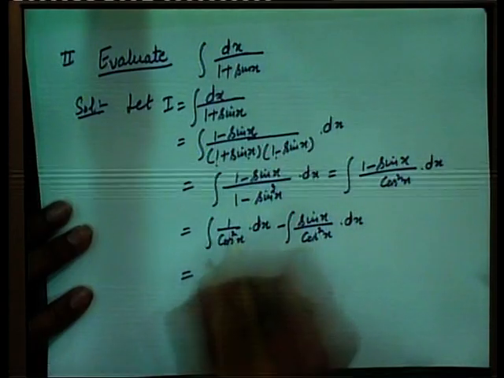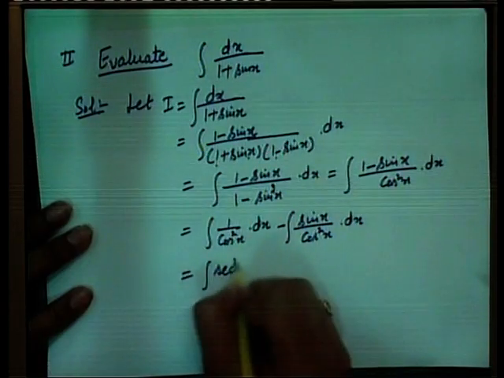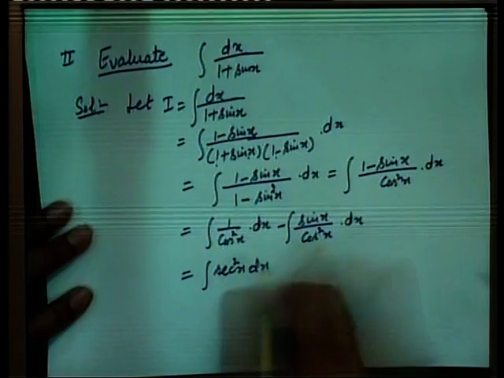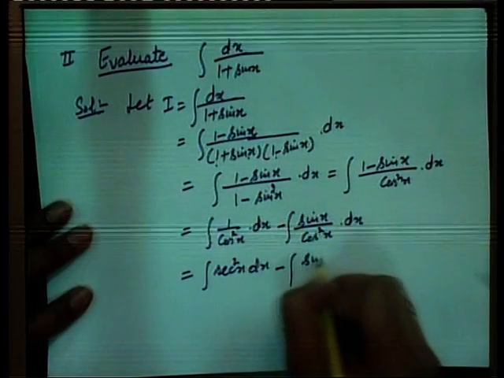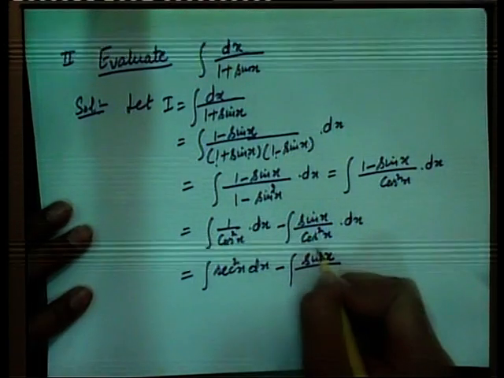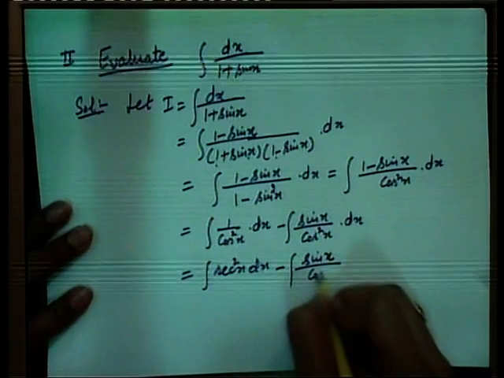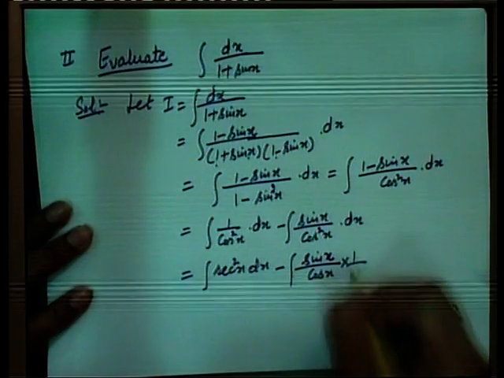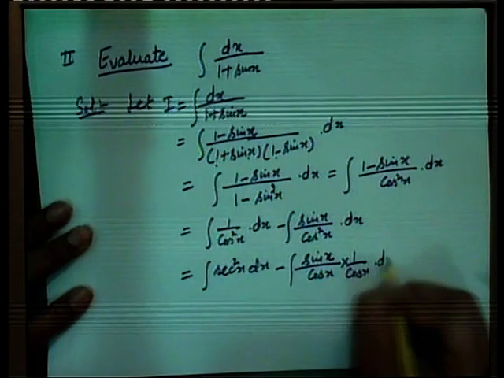Now, we know 1 over cos square x is secant square x dx. In the denominator we have the term cos square x. Cos square x can be written as cos x into cos x into dx.